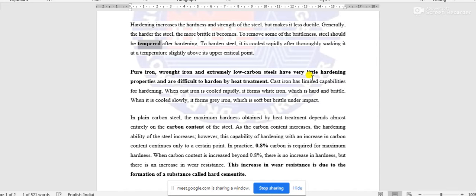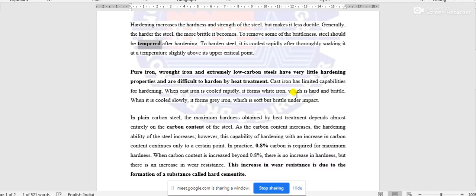That means those types of iron or low carbon steel cannot be hardened by this hardening process of heat treatment. But cast iron has a little capability to be hardened.